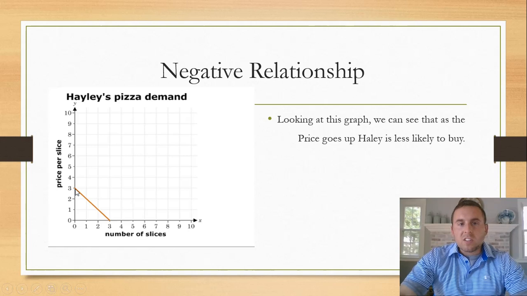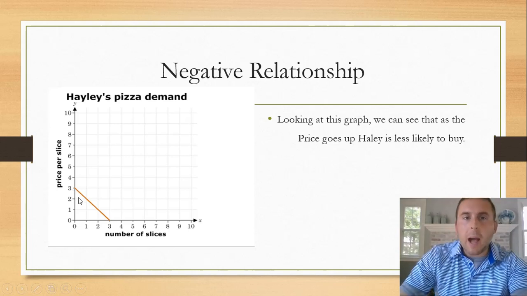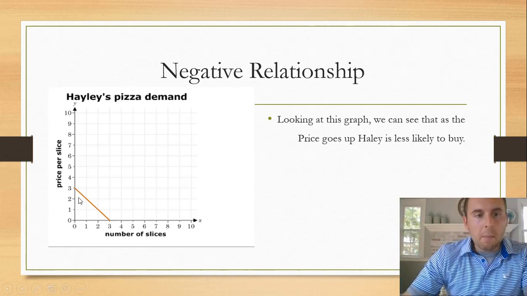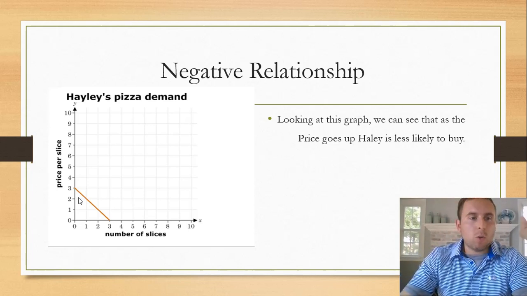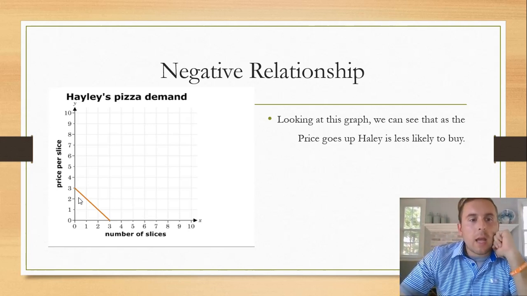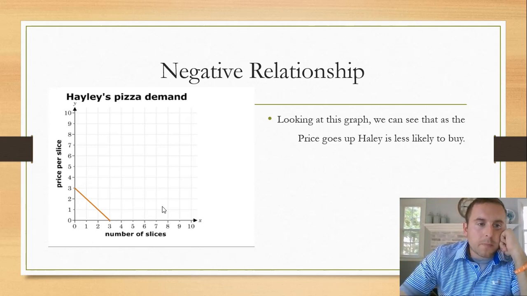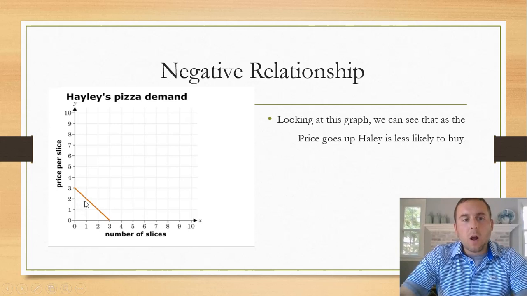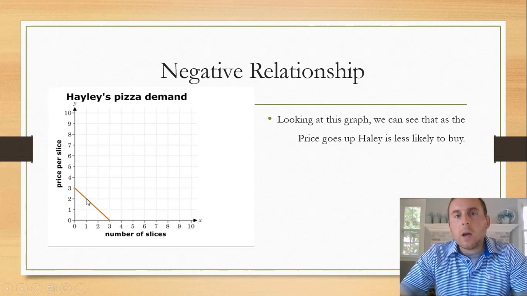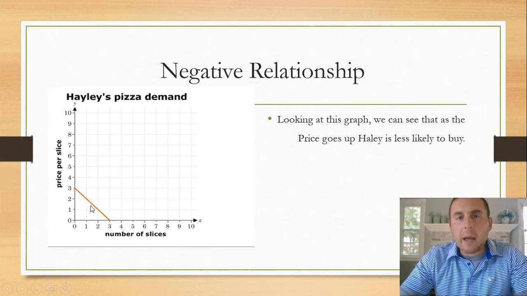So at $3 a slice, Haley's like, no way am I buying that. No way am I going to buy a piece of pizza for $3. Too much in my book. And then if you look here, when the price goes down a little bit to $2, so this is the price, and this is the number of slices, she says, okay, I'll buy one slice.